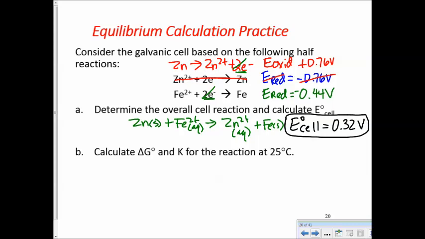Now calculating delta G, which equation should you start with? Delta G equals negative nFE cell, yes. So our n value is what? How many moles of electrons got exchanged? 2 moles.